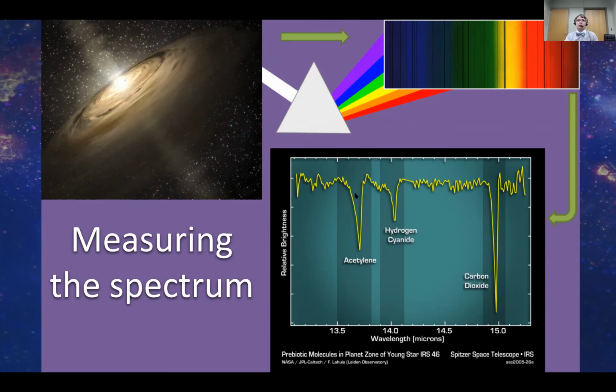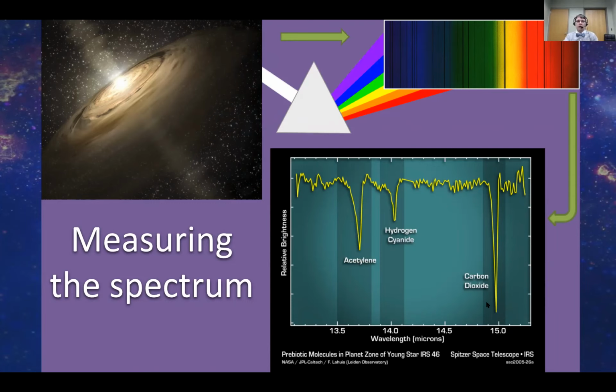So for example, in this graph, acetylene is creating a dip here on the left. In the middle, we've got a smaller dip as the result of hydrogen cyanide. And over on the right, we've got a dip as the result of carbon dioxide. So this is looking at some molecules that are around a star, IRS 46.